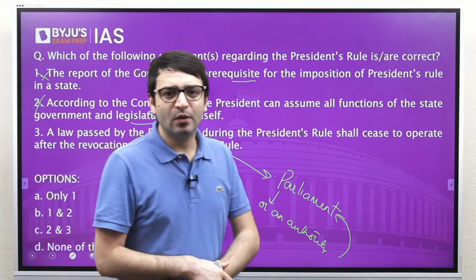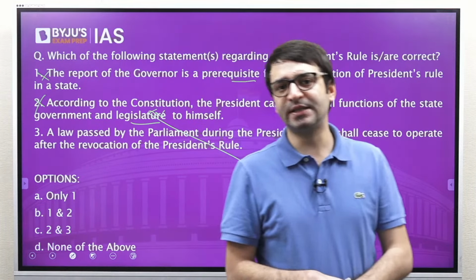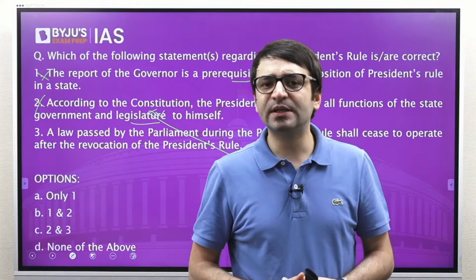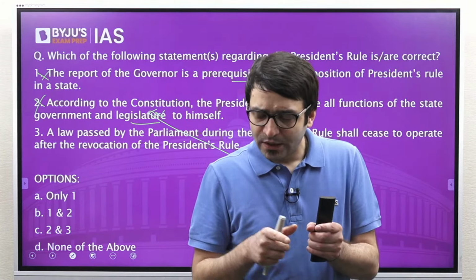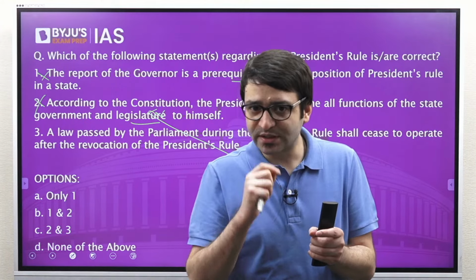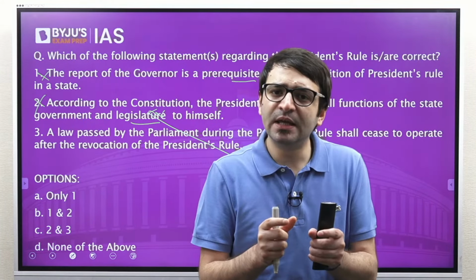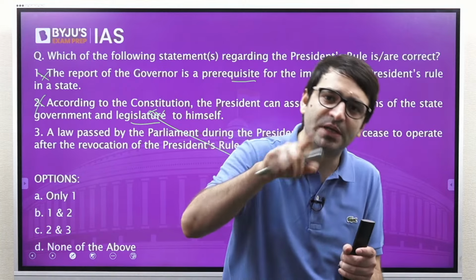In the case when President's rule is imposed in a state where Parliament becomes the legislature for that state, the law passed by the Parliament during President's rule, important statement, continues even after the revocation of President's rule.